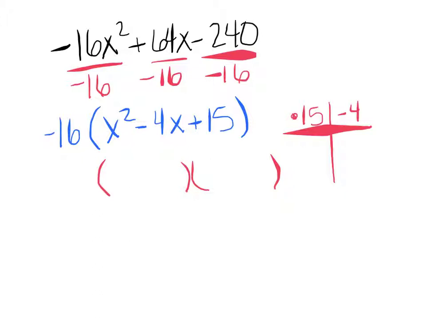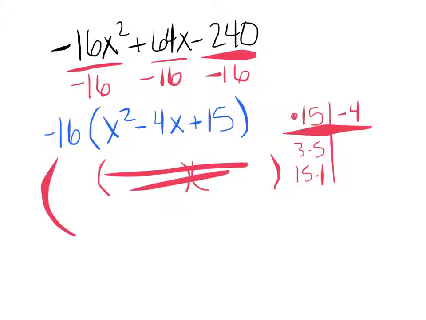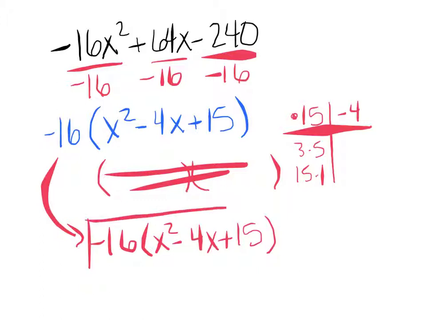Does anything work? 3 and 5, 15 and 1. No. So actually, we're already done. Negative 16 times x squared minus 4x plus 15 is our final solution. We needed to check for that GCF first, though. In this case, it couldn't be factored any further. There weren't any numbers that multiplied to be 15 and added to be negative 4. So that's one special case where you need to factor out the GCF first.